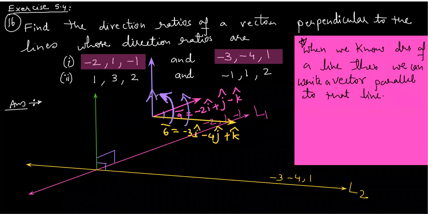Then the thumb will give you the direction of B bar cross A bar. So B bar cross A bar is the required vector. This vector is B bar cross A bar.